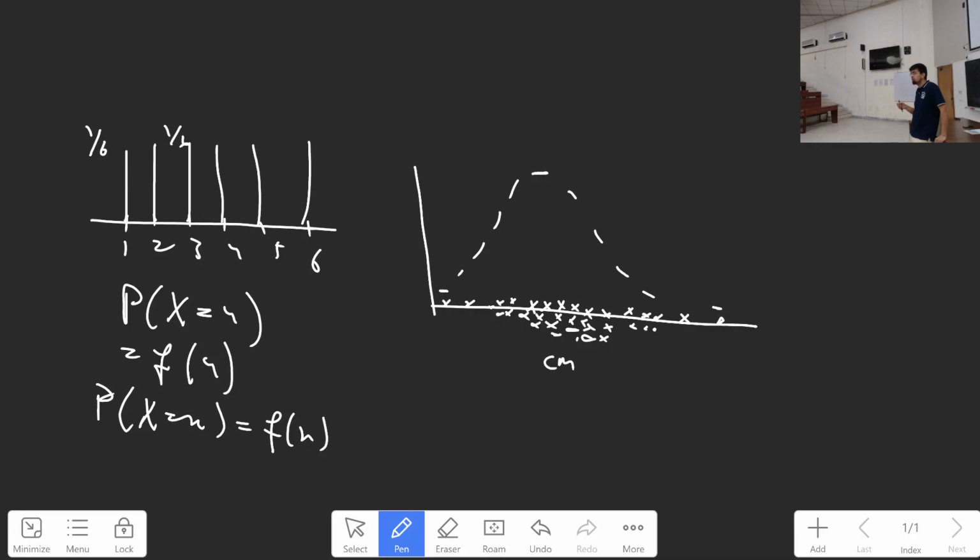If you look at how many points are there between 2 and 3, infinite, uncountably infinite. Because there is 2.1, there is 2.11111, there is 2.11112. It's just crazy, yeah?